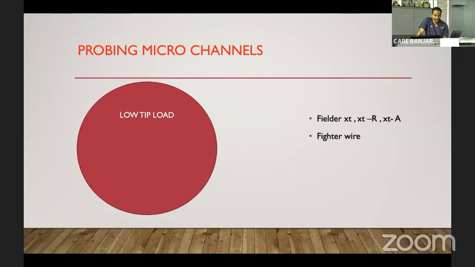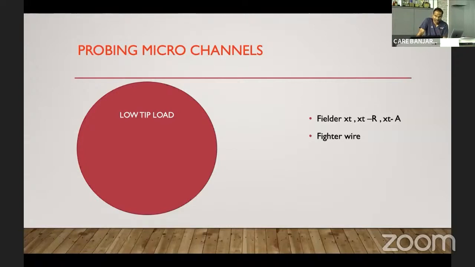The advantage is the tip is 0.09, a taper tip wire, and the tip load is less than 0.8 grams, around 0.8 grams. So it's a taper tip, low tip load wire, and it's also a slippery wire because of the polymer coating. These are the qualities of a microchannel tracking wire.